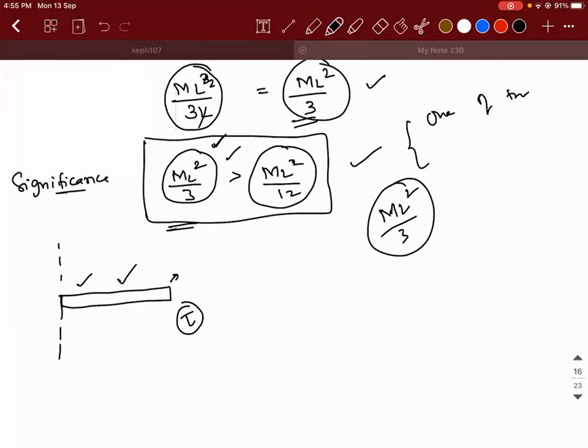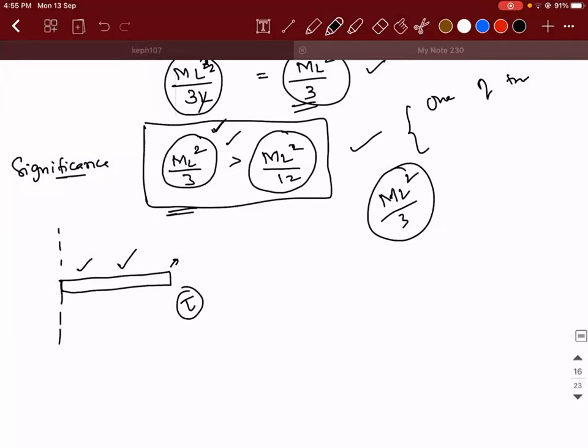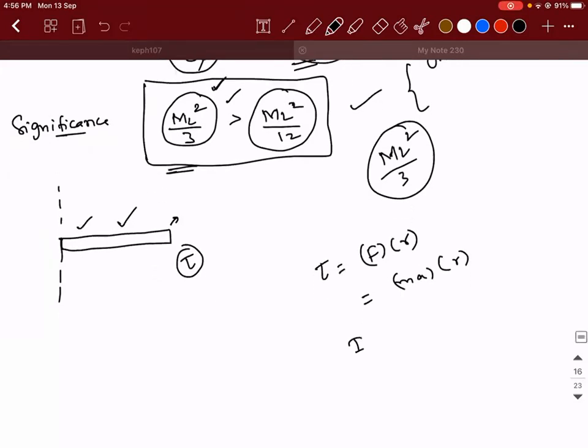Now, one last point is the relation between torque and moment of inertia. So torque is equal to F into R, correct? What is F? It is M into A. Similarly, what is moment of inertia? M into R square.